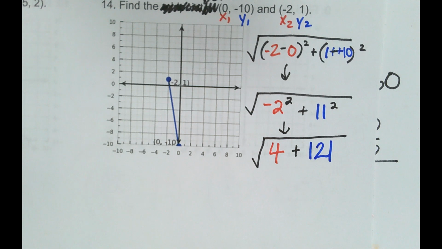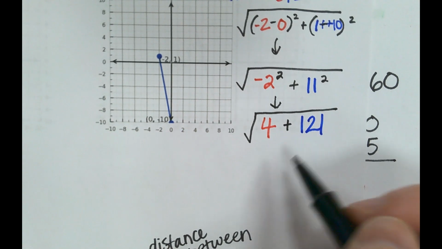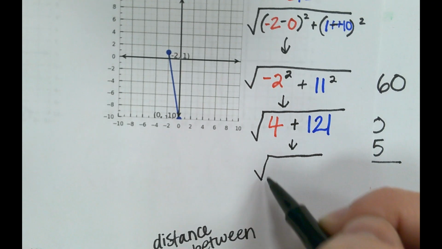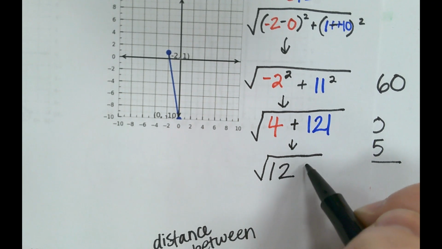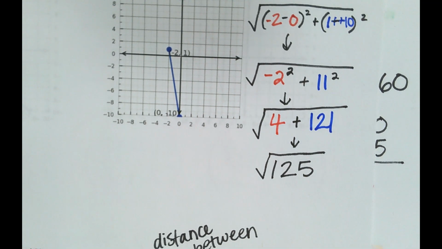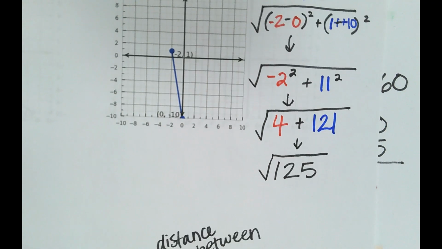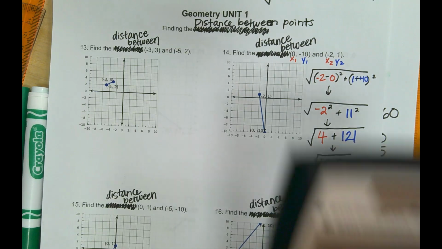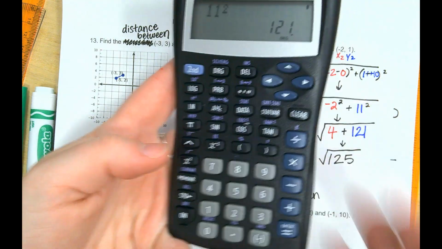We still got a square root. So now we just need to find the square root of 125. I'm going to run through how to do that on your calculator one more time. If you've got it, you don't have to look, but I'm going to still show it anyway.